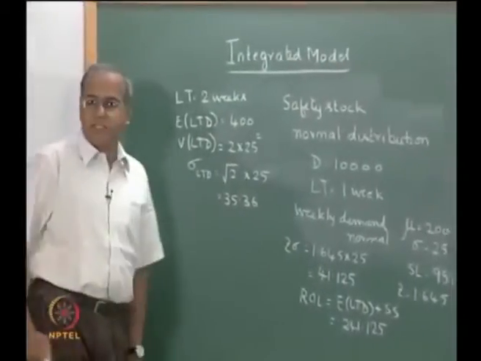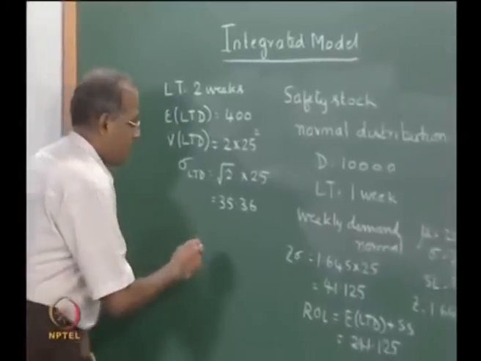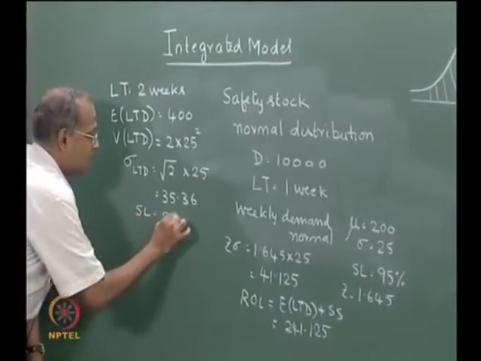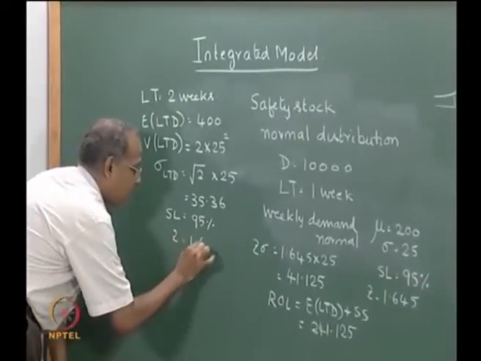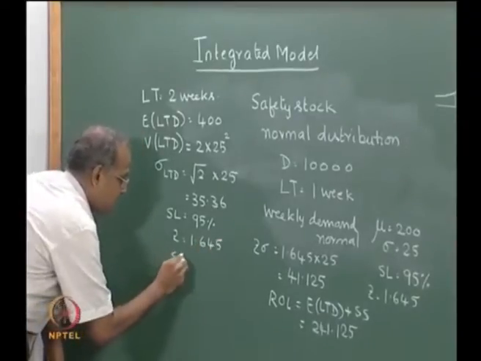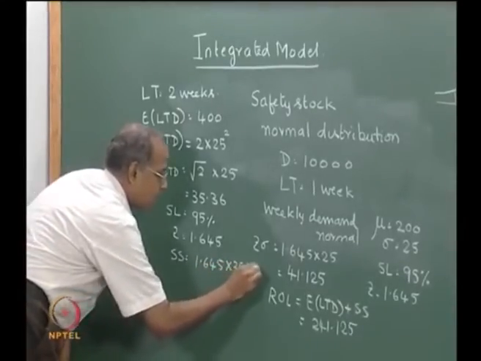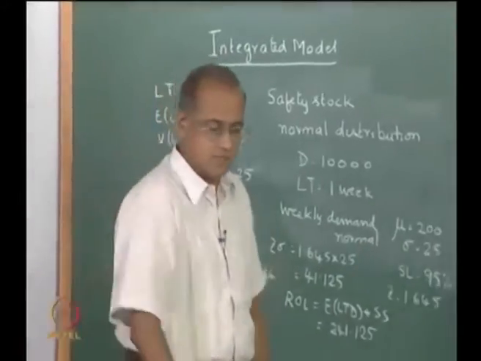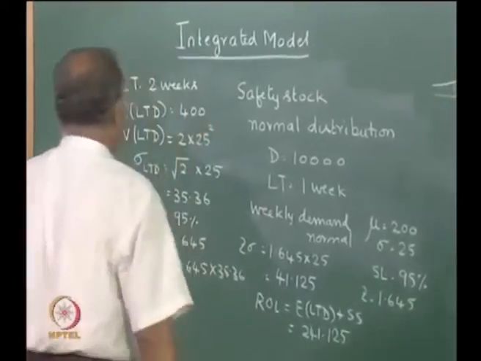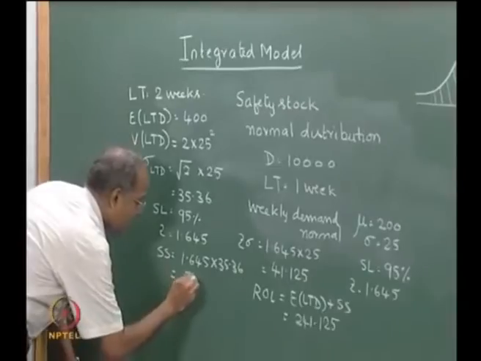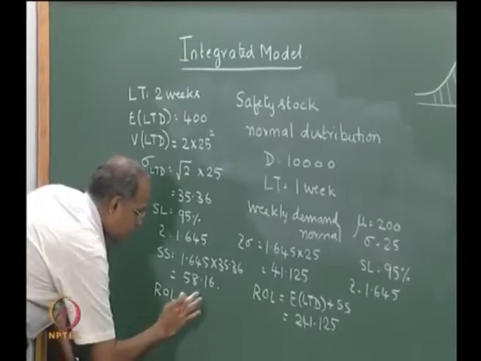Once again, for a 95% service level, Z is equal to 1.645, which means safety stock is 1.645 into 35.36, giving us 58.16, and the reorder level is equal to 458.16.